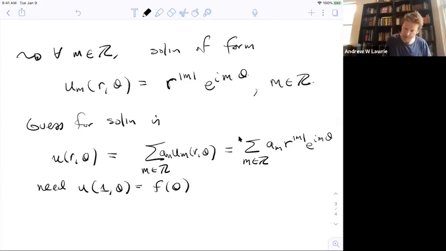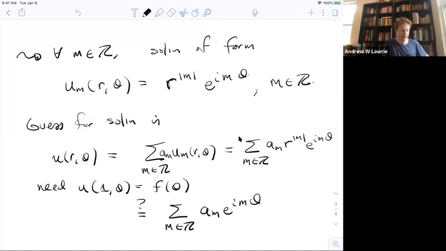And so what happens if we let r tend to 1? This would be equal to the sum of a_m e to the i m theta. So again, we arrive back at this question.